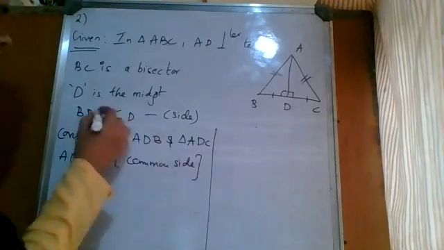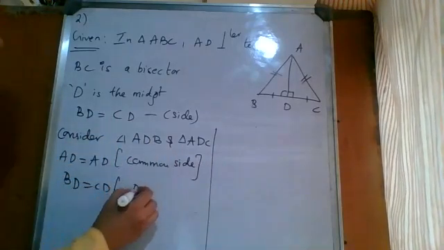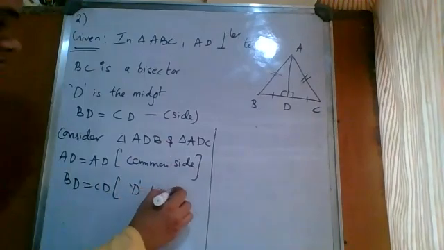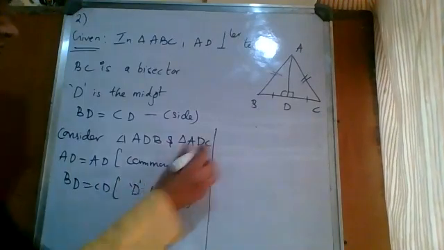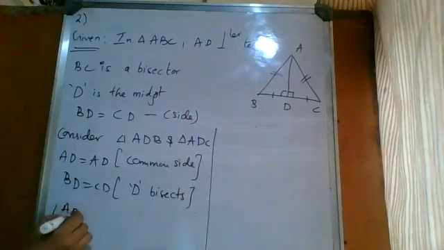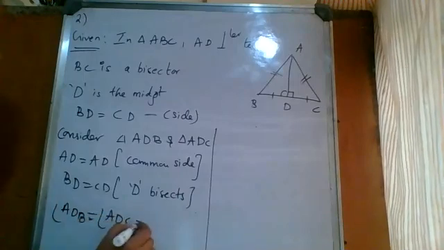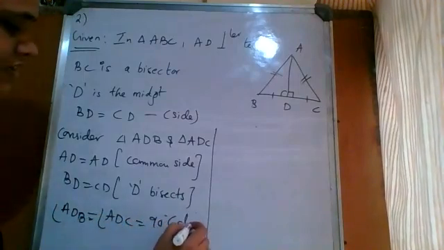Common side. From this, BD is equal to CD. Why? Because D bisects. Next, angle ADB is equal to angle ADC, and this is how much? 90 degrees. This is also given.